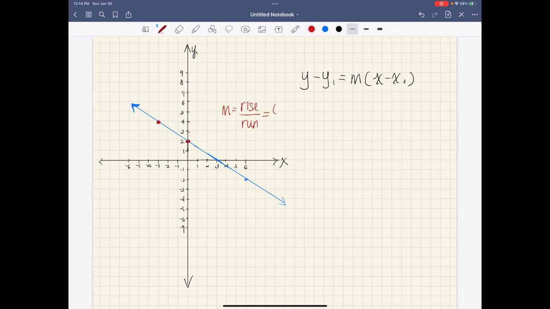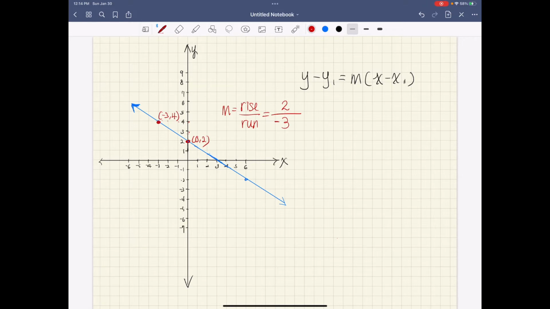So it is 0, 2, and -3, 4. And you can simply count from 0, 2 to -3, 4. You have to move up twice and to the left 3 times. So the slope of this line is -2/3.